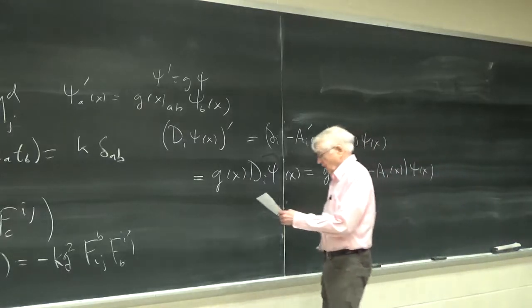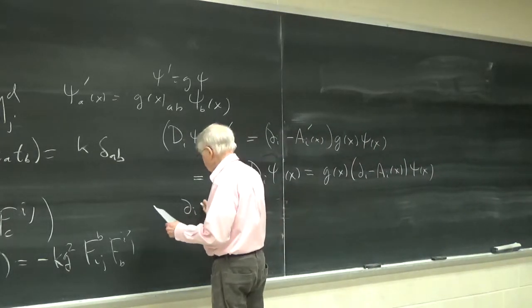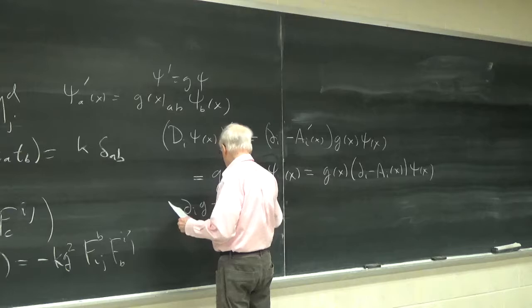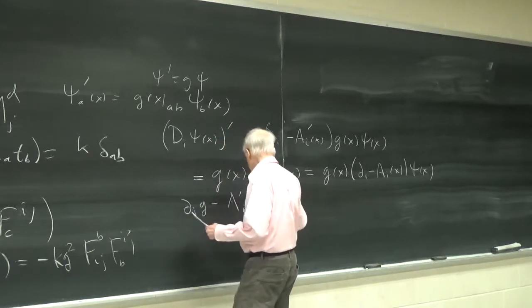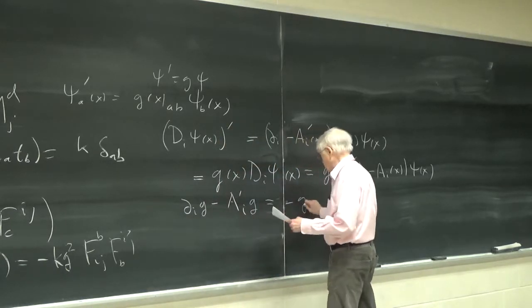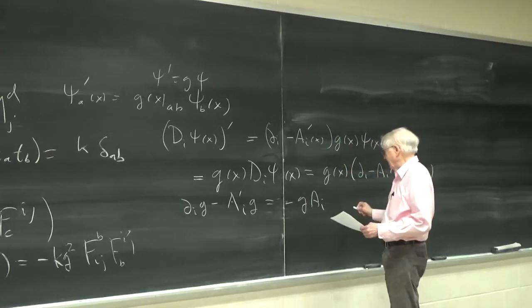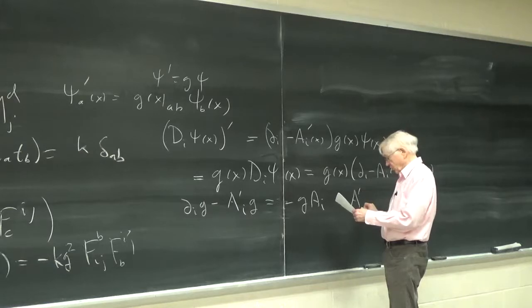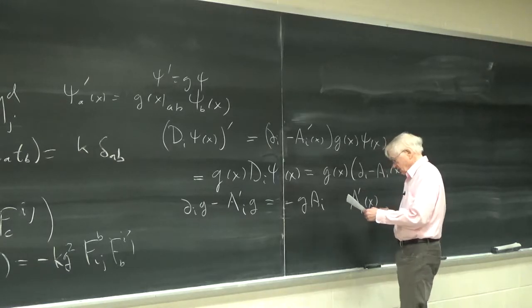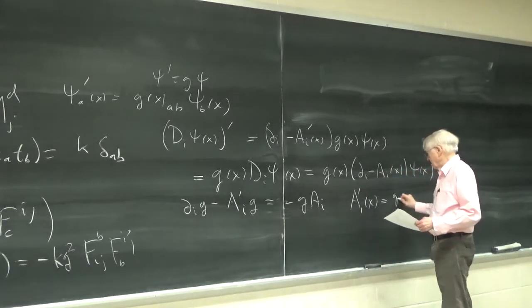To make this work, what we need is that d_i g minus A_i prime g should be minus g A_i, and that gives us the rule that you've seen before, but it never hurts to write it down again, it seems to me.